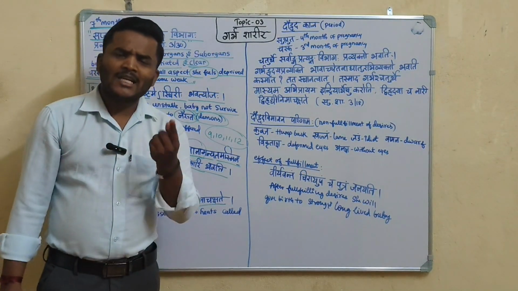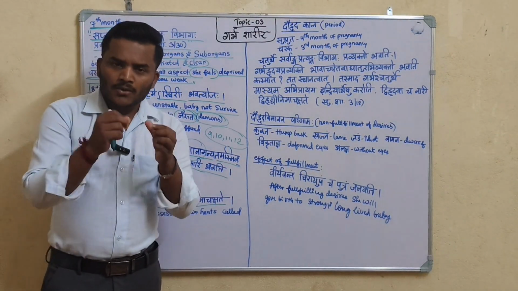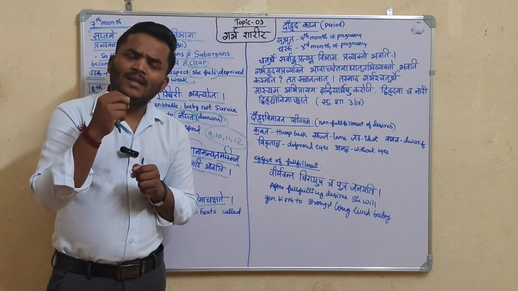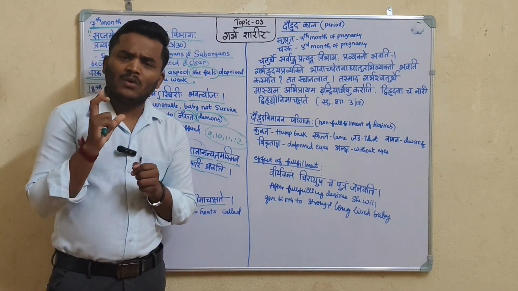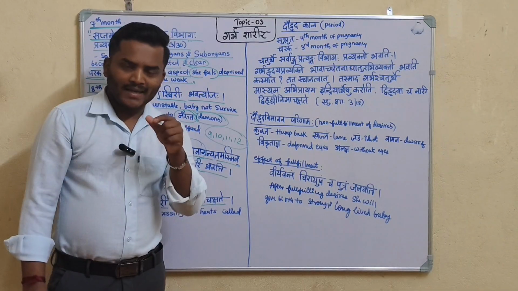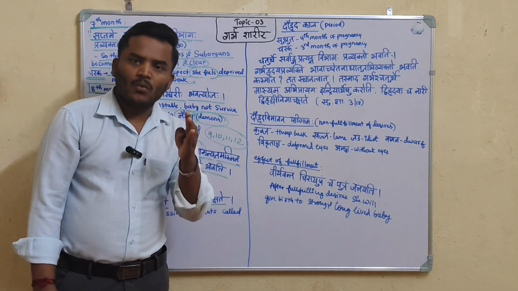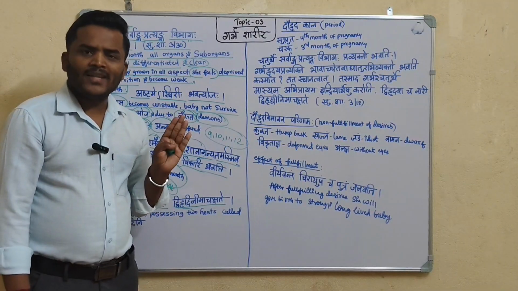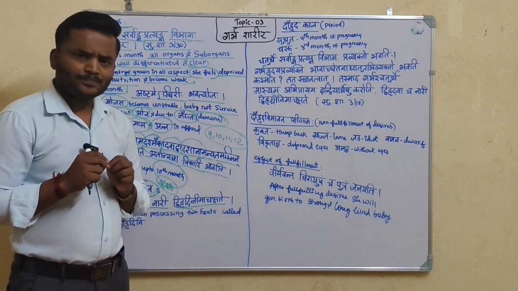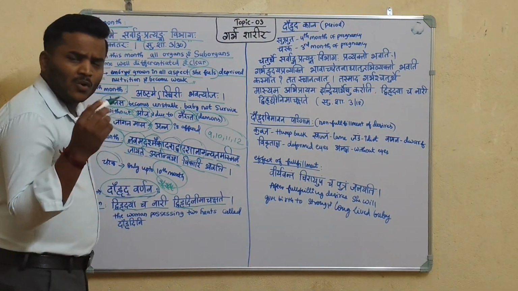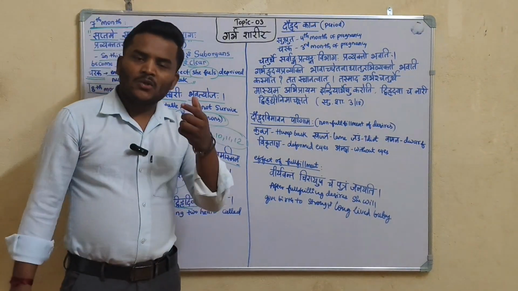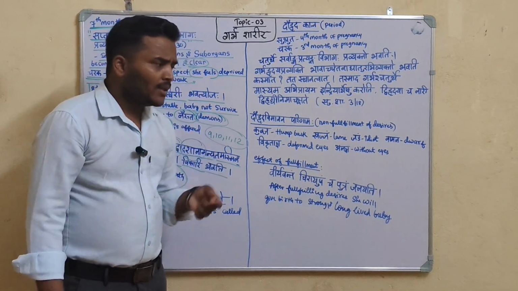The woman possessing two hearts, we call her Dauhridini. One heart is related to the fetus and one heart is of the woman. Total two hearts are developed in a pregnant woman. One is for the woman and one is for the fetus. Then we call that woman Dauhridini.